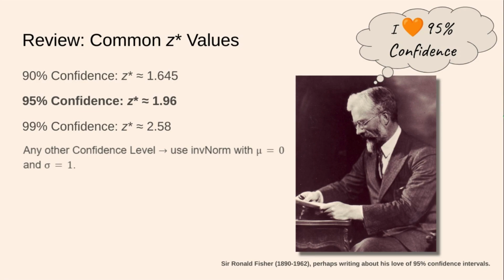Of course, it doesn't hurt to talk about these Z star values that we commonly see. We have 90% confidence, 95% confidence, and 99% confidence. Z star values are given. Any other confidence level, if you're given something different than 90, 95, or 99%, you want to find a Z star value, you would use inverse norm, mu equals 0, and standard deviation equals 1.